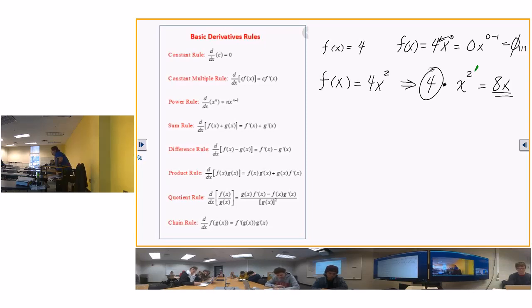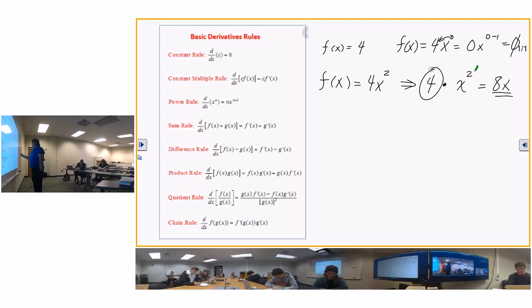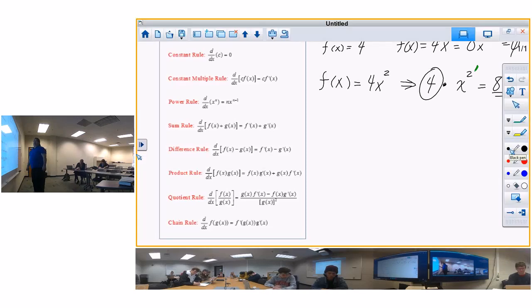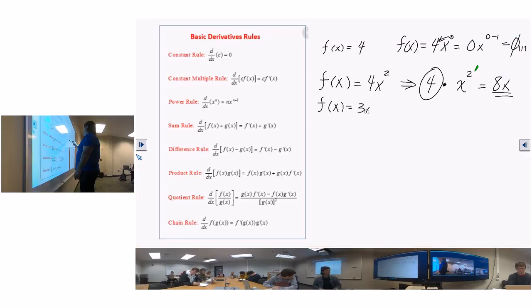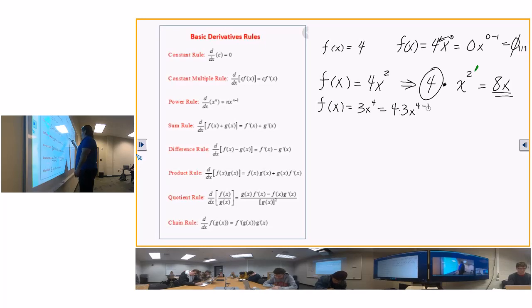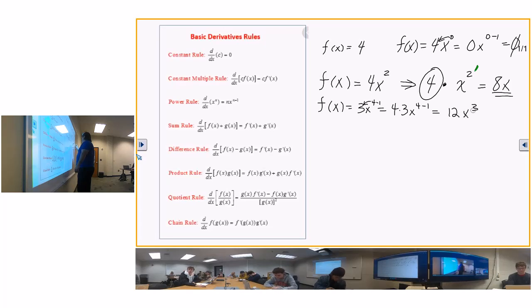Okay, power rule. We talked about it. That's your first rule, technically, of derivatives. Power rule says that if I have a function 3x to the 4th, then I multiply 4 times 3, x to the 4 minus 1, and that's equal to 12x to the 3rd.